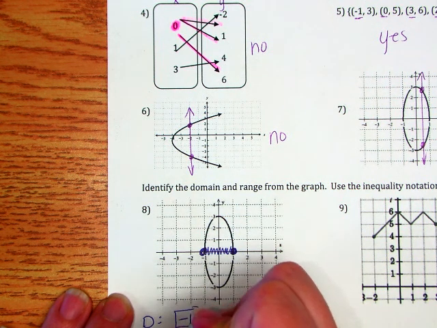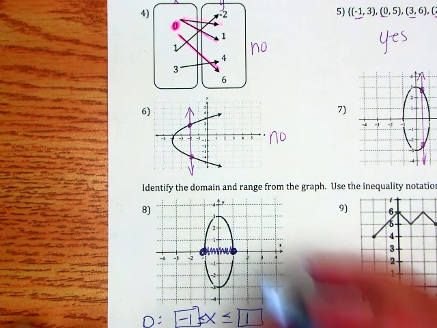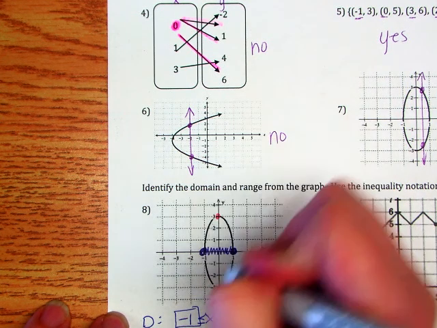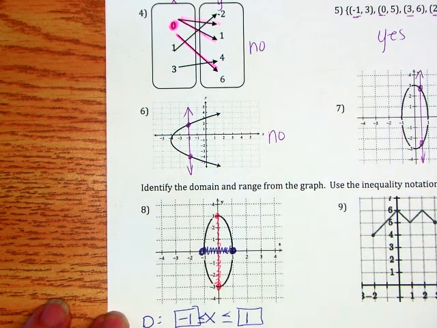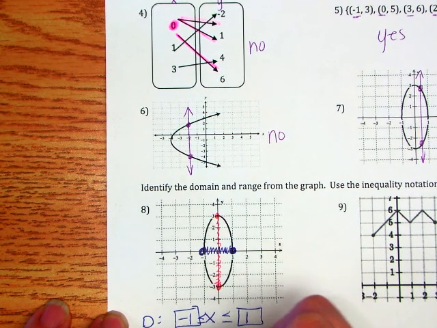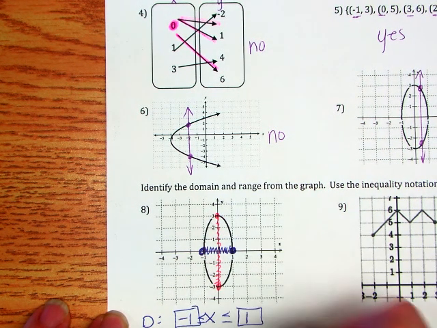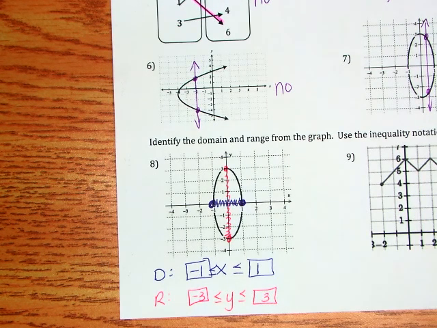So from -1 to 1 is my domain. My range is how far north and south and everything in between. So here, my range is now going to be the y values and run from -3 to 3.